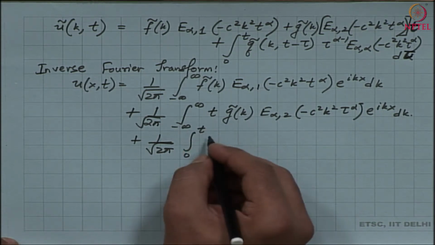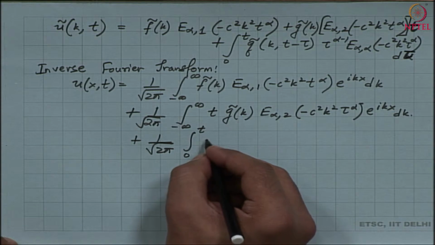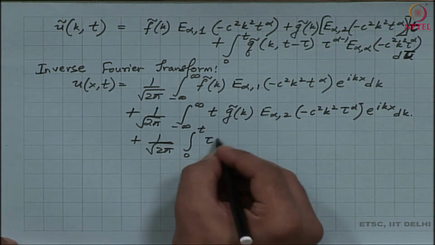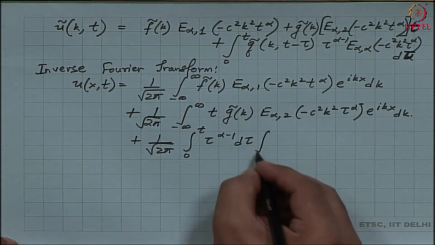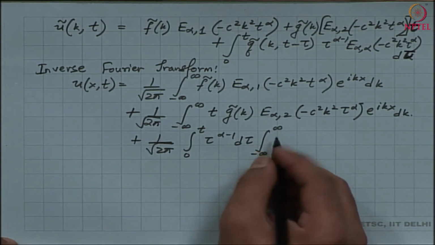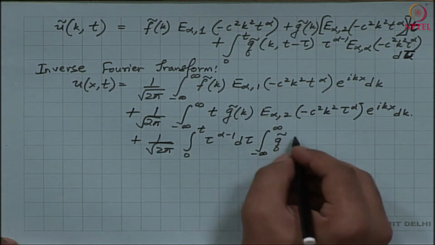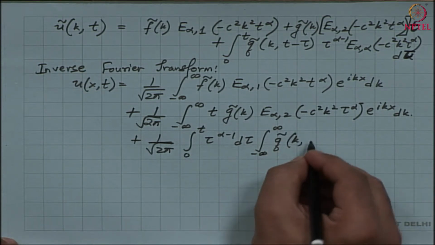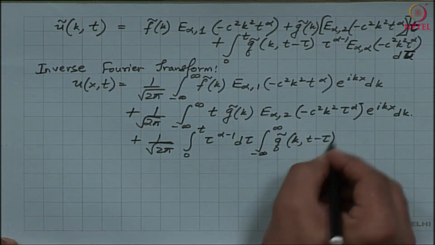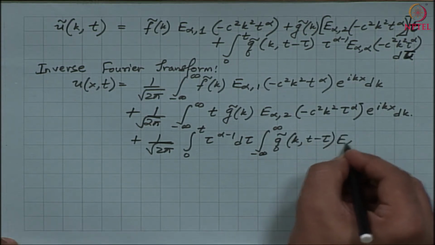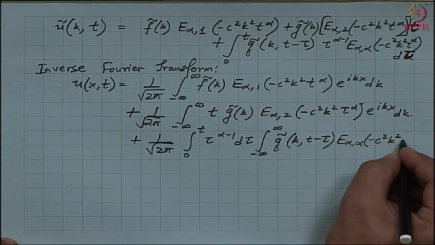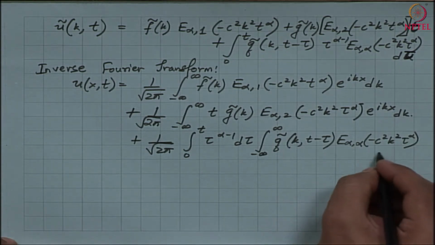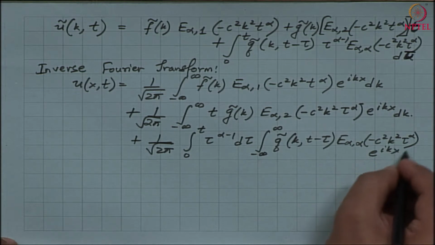I retain the convolution integral 0 to t integral tau to the power alpha minus 1 d tau integral from negative infinity to infinity q tilde of k t minus tau times E of alpha comma alpha negative c square k square tau to the power alpha, and then the transform inverse d k.